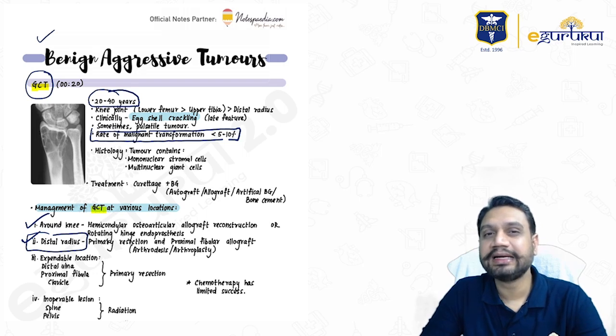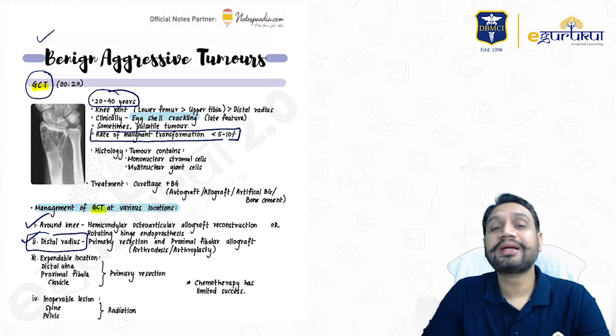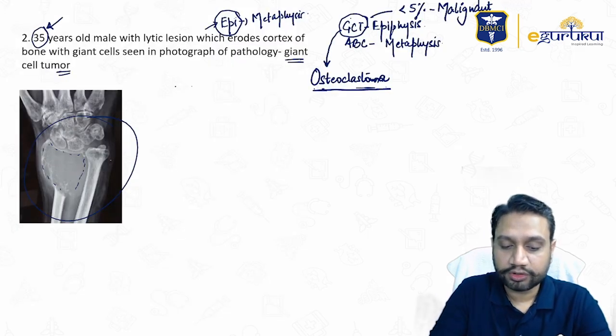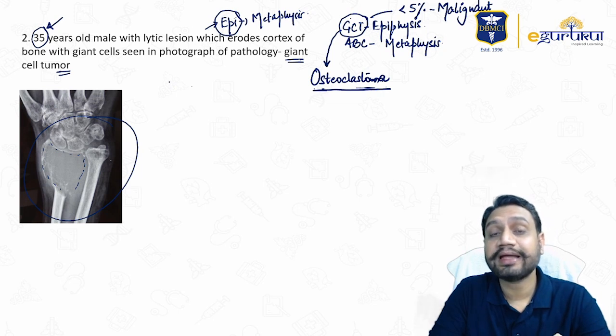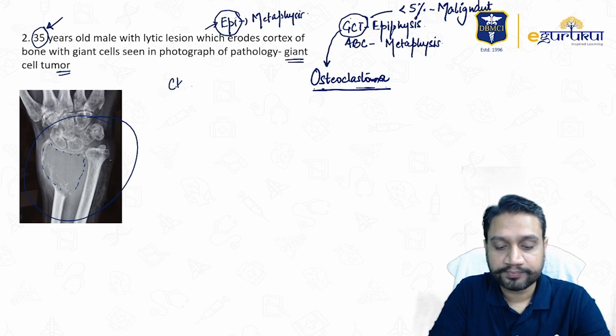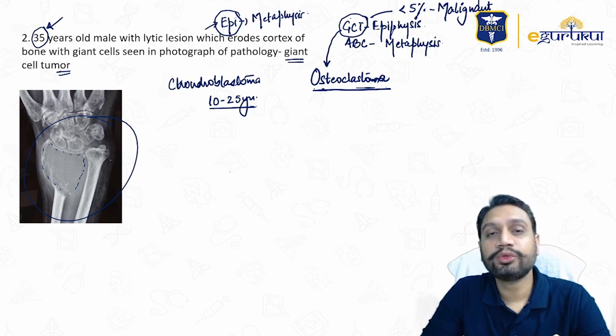Okay. So an expansile lytic lesion located at the epiphyseal area, age group 20 to 40, what can it be other than giant cell tumor? Because if you talk of the other epiphyseal lesion, the chondroblastoma, the usual age group for chondroblastoma is in the skeletally immature age group, that is 10 to 25 years.